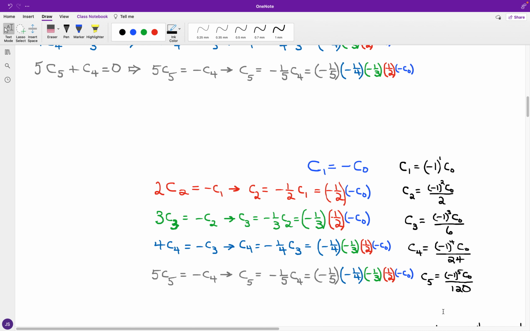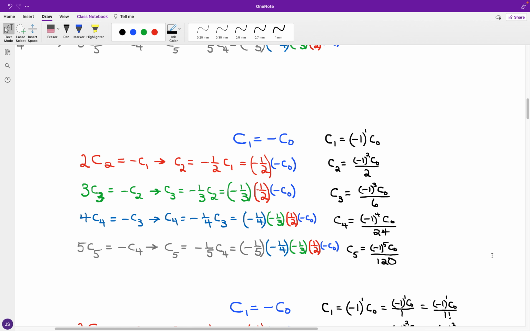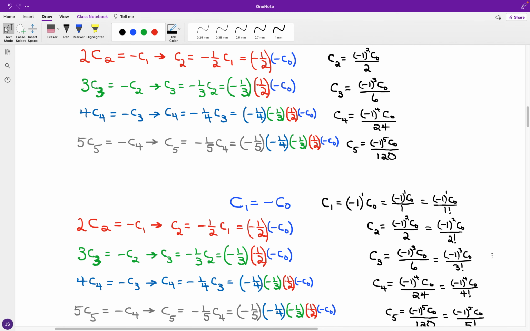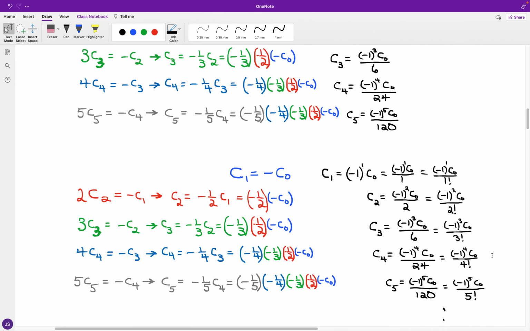And if you notice, you have a match between the subscripted values and the degrees to which negative 1 is raised. And the significance of 2, 6, 24, and 120 is that those are factorial values, respectively. What we have for the factorials are 1, 2, 3, 4, and 5.